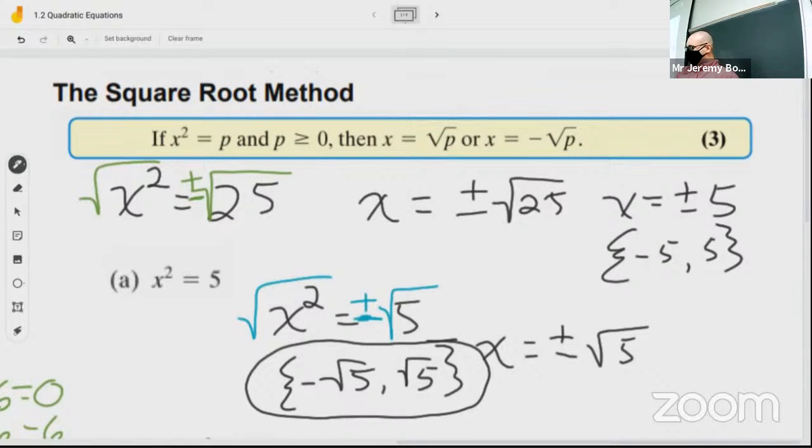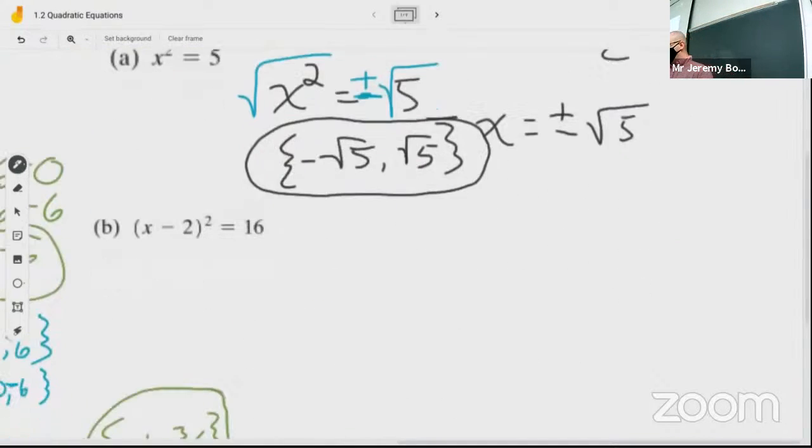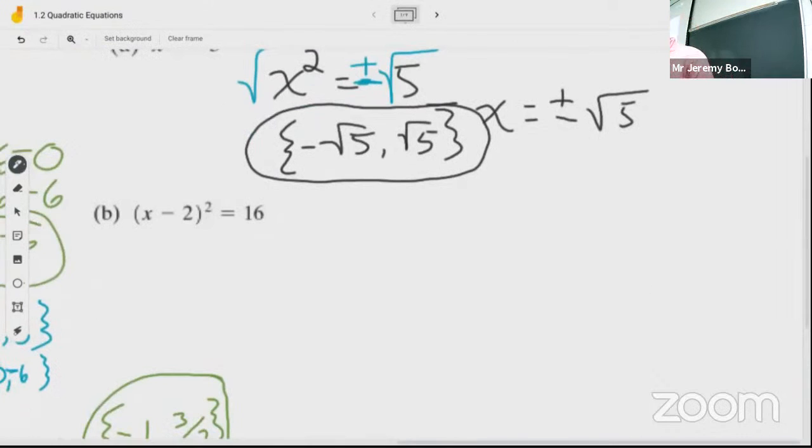All right, let's take it a step further. Here we got x minus 2, that whole term squared, is equal to 16. So it's not just an x squared, but a term containing an x that is squared, and it's equal to a non-negative number. So that means we can still apply the square root method here.